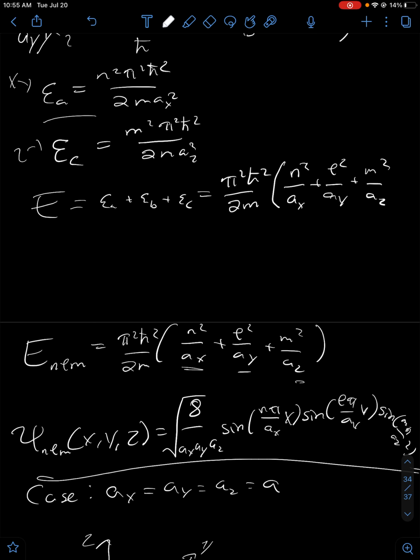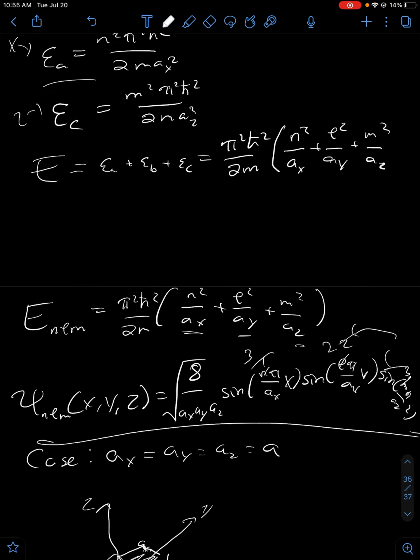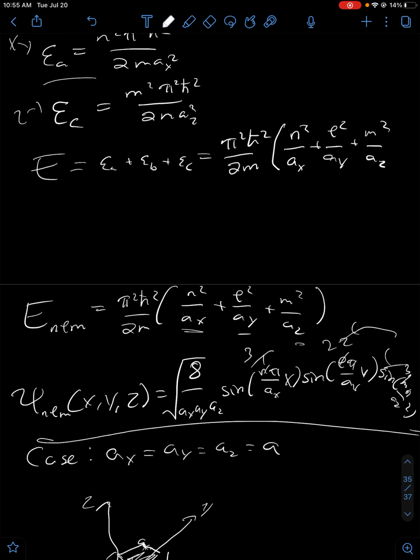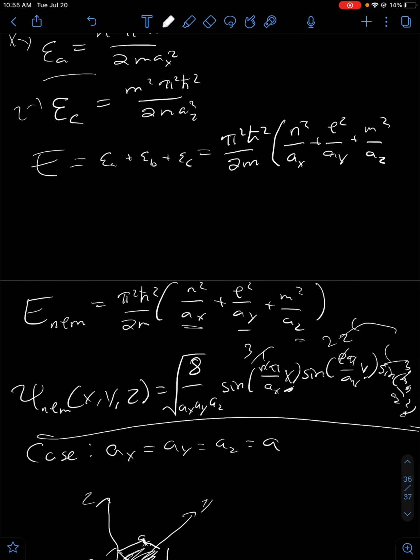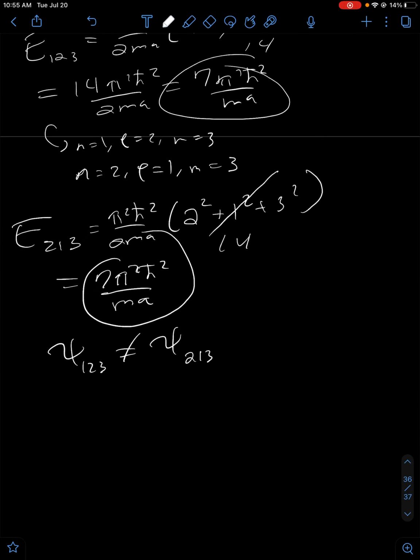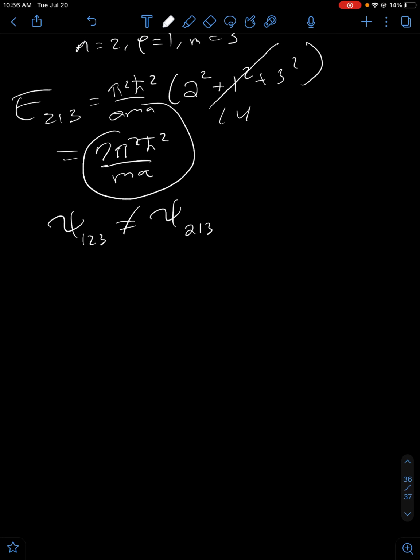If we made this 1, this 2, this 3, and then swapped them around and made this 3, this 2, and this 1 or something, our wave function would change since these depend on x, y, and z. So our wave function would actually change if we swapped around our quantum numbers. But our energy stays the same, which is really cool, right?